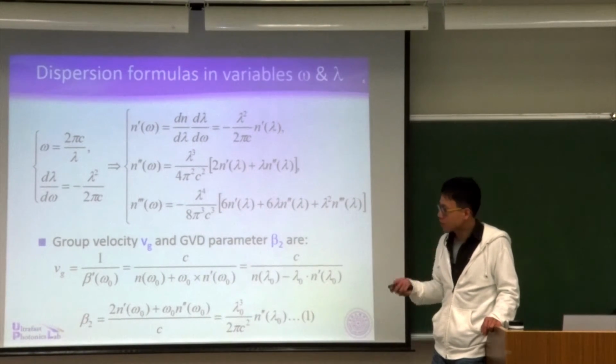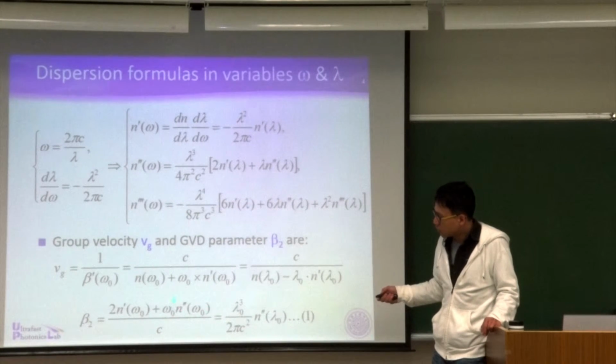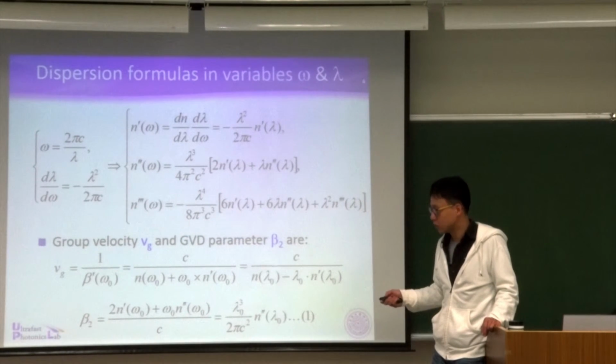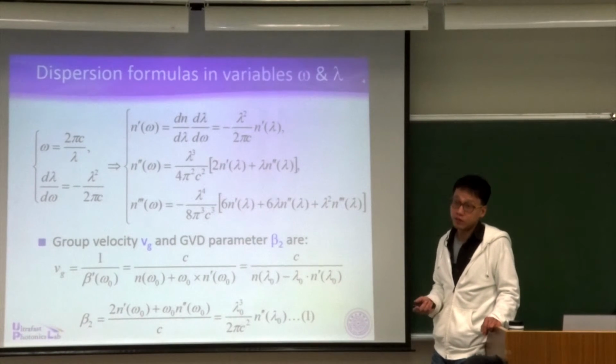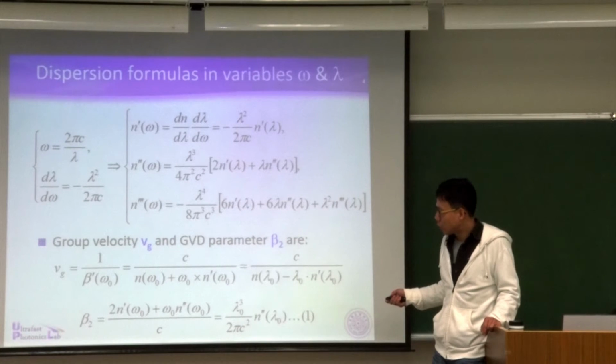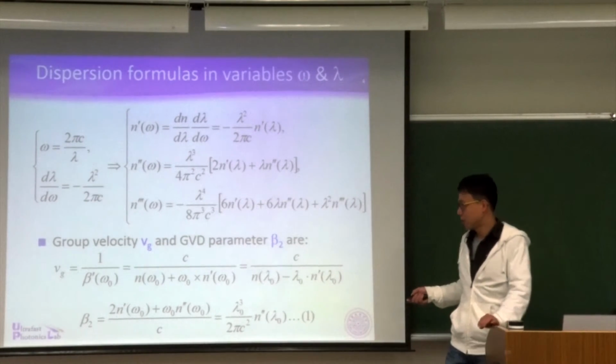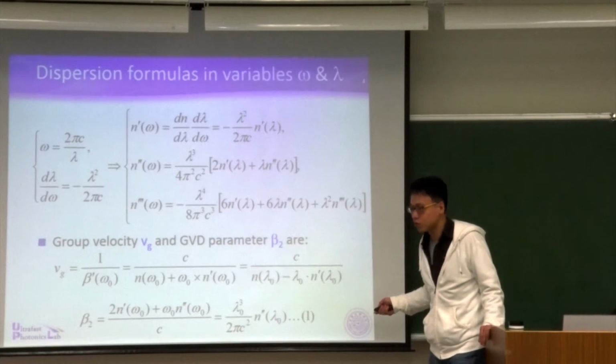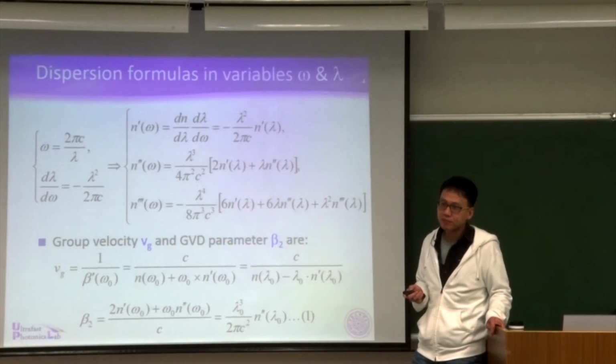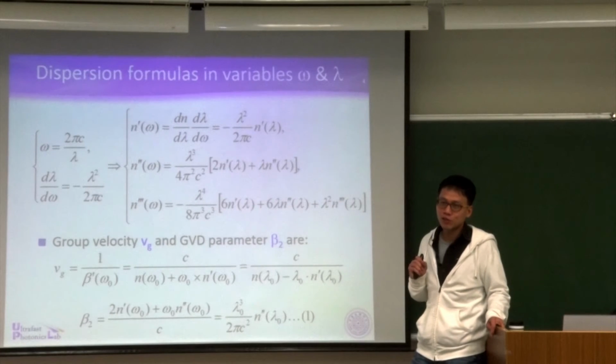If you want to use the first formula, in addition to the second order derivative, you need to know the first order derivative as well. So when you try to calculate beta 2, the GVD parameter, this is more usually used. Okay, any questions?